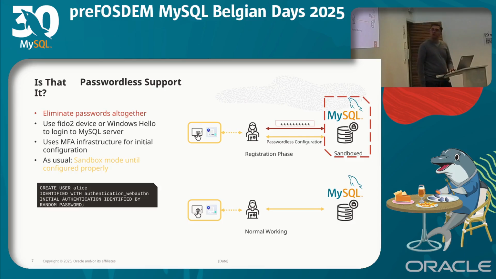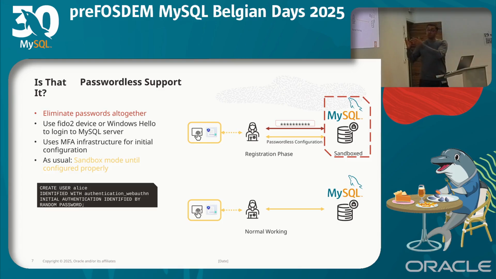You create an account with only the authentication WebAuthn, but initially you identify it with a random password. This random password is used only in the registration phase. Once the registration is over, once you have generated your public-private key pair on your YubiKey or Windows Hello device and the public key is sent back to the server, from the next time onward, during normal working when the user logs in, there's no need to provide a password.